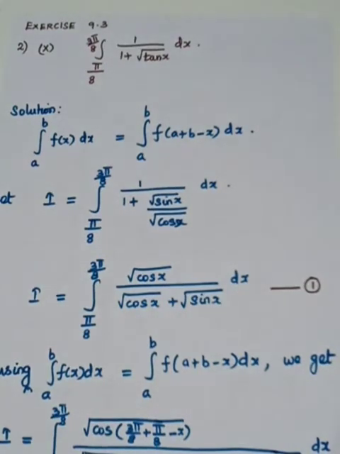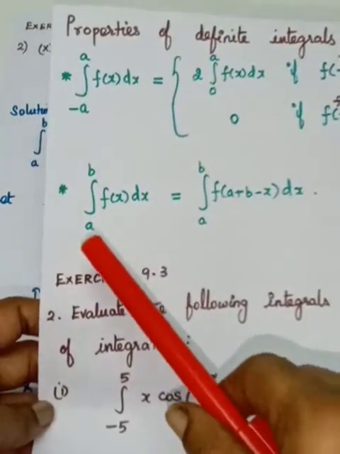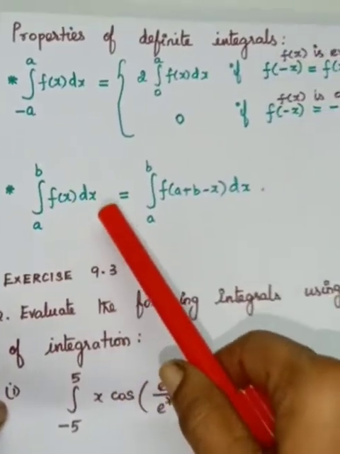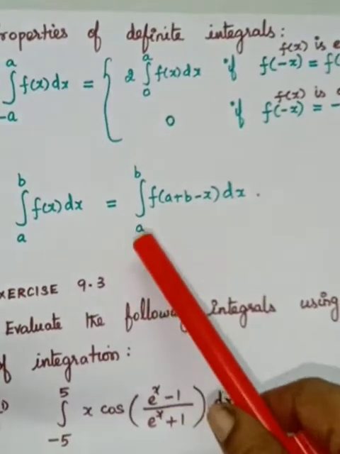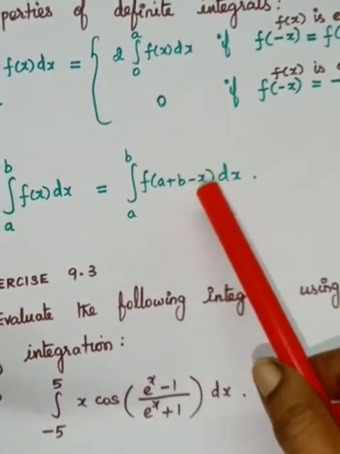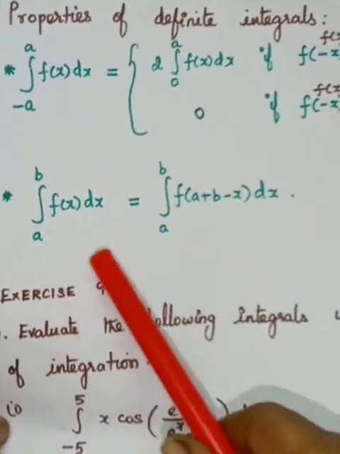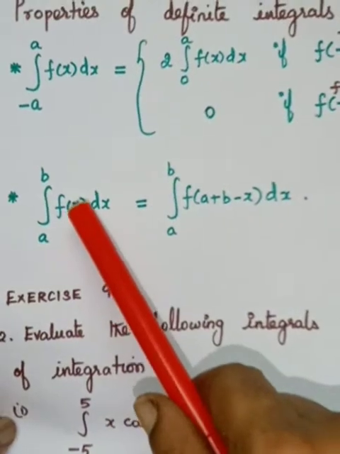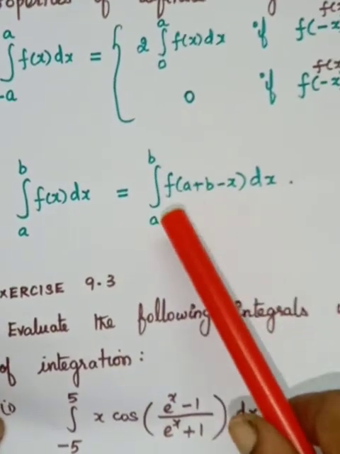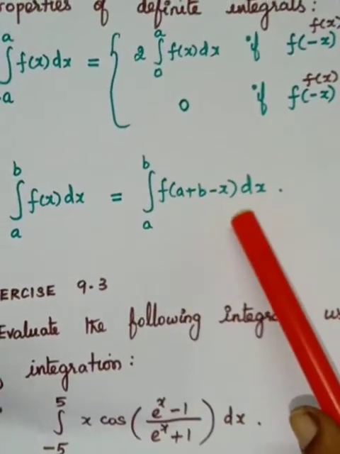So I'll go to the next property of definite integrals. Integral a to b f of x dx can be written as integral a to b f of a plus b minus x into dx. Here your x is replaced by a, what is a? Lower limit plus upper limit minus x.